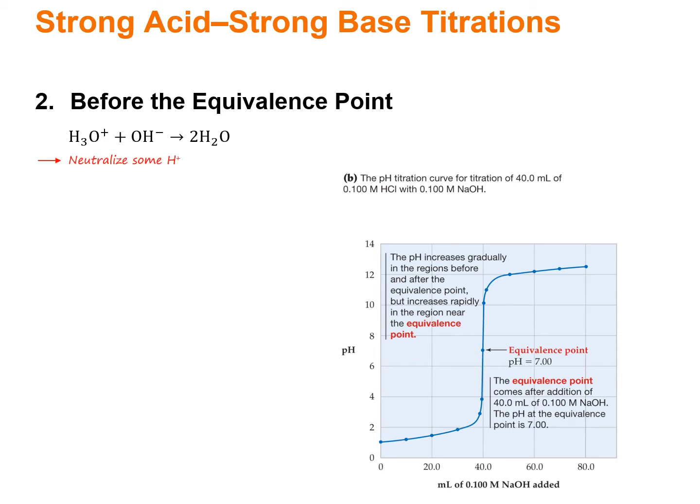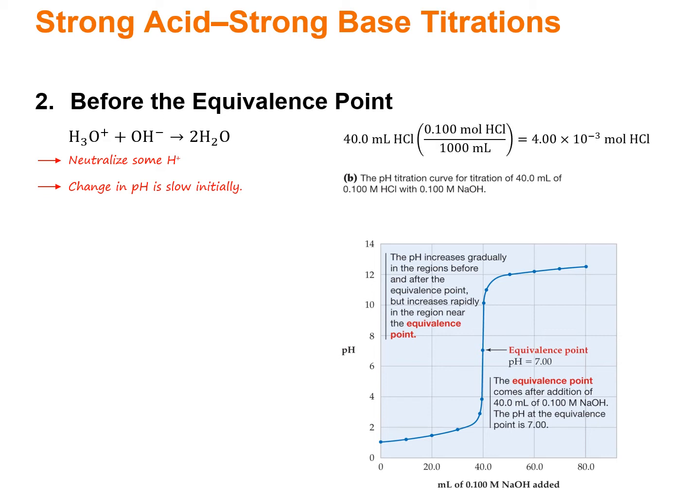And so we're just neutralizing some of the hydronium ion that's present, because we're at a low pH and we have a lot of hydronium, and we're adding hydroxide. Initially we have a lot of hydronium ion, so as you're adding hydroxide, you're not changing the pH too drastically because it's just eating up some of that hydronium, and so the pH stays pretty steady at first.